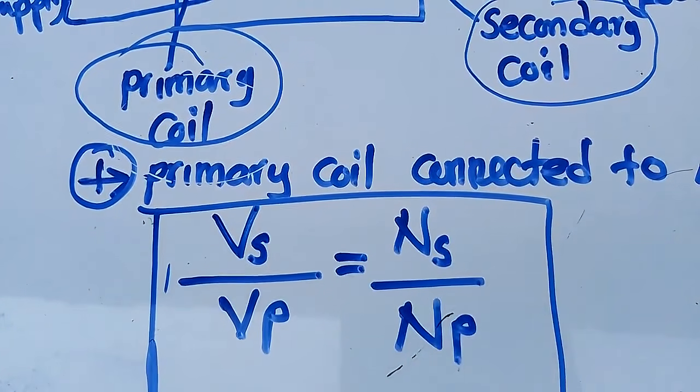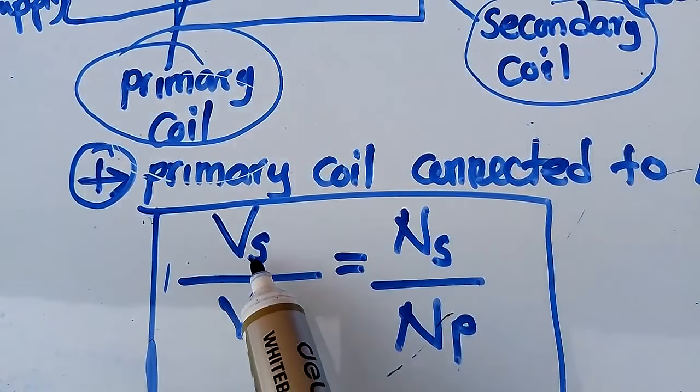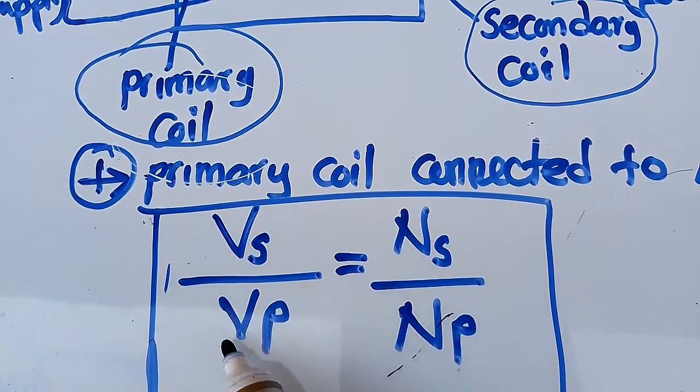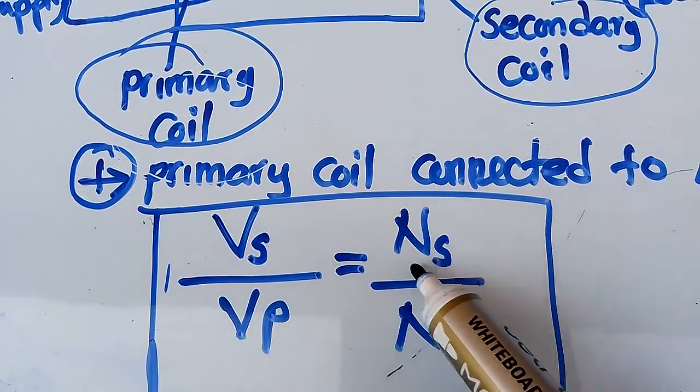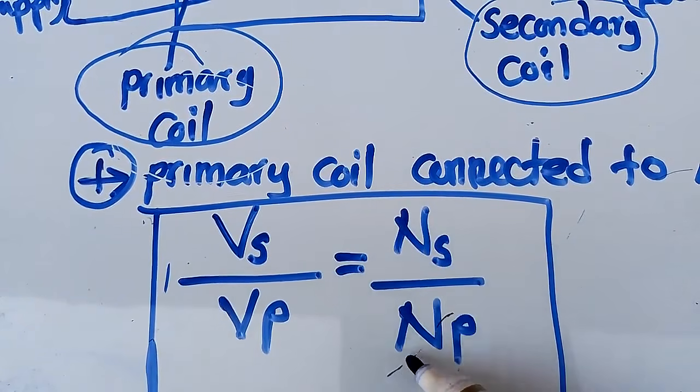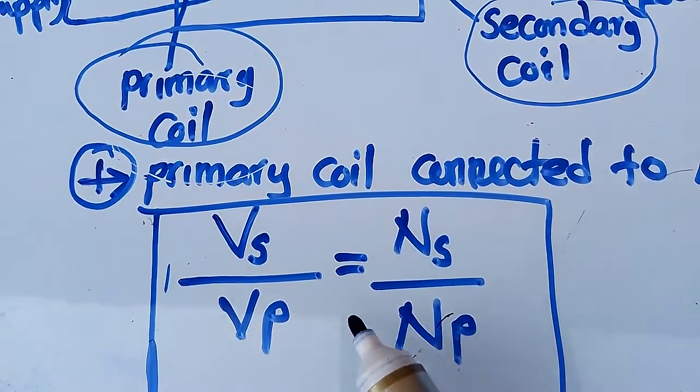Here, this is the voltage in the secondary coil, and this is the voltage in the primary coil. This is the number of turns in the secondary, and this is the number of turns in the primary coil.